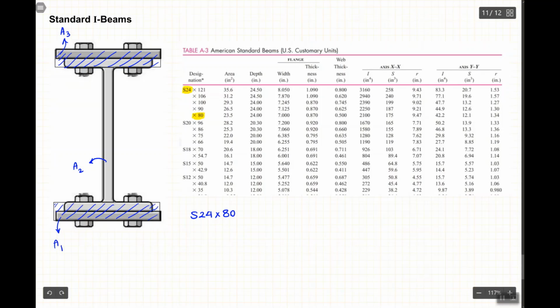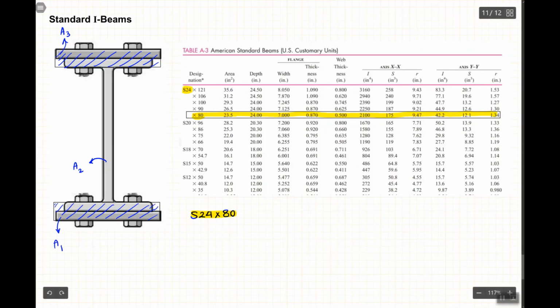Let's highlight it. So that's the one we want to look at. All right, that's our beam. Now we have some information which we can use.